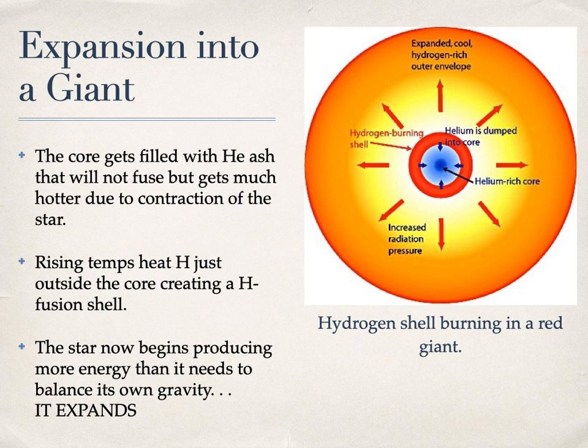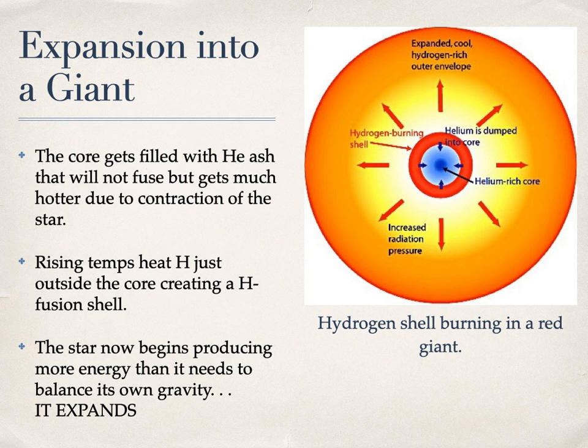It's not going to fuse right away though, because it needs to get considerably hotter before it will do that. The rising temperatures inside the star just outside of the core itself, with all this ash in it, are able to ignite what we call a hydrogen fusing shell.